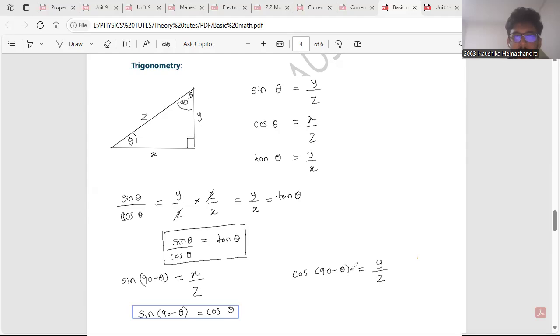Then y over z for theta is the sine value. So cos 90 minus theta is equal to sine theta, and sine 90 minus theta equals cos theta.